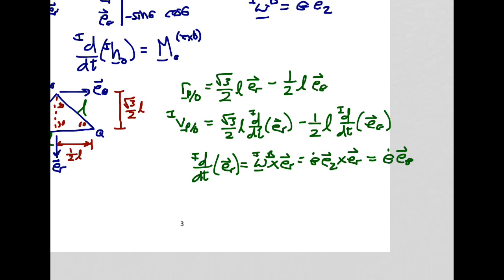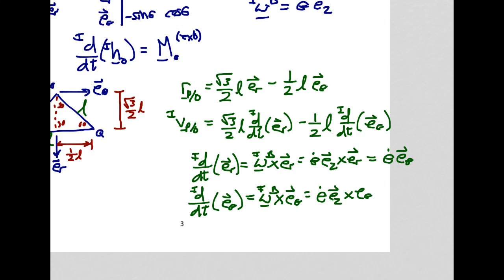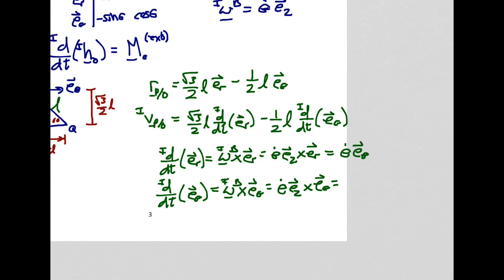And then the time derivative of E_theta is equal to omega of B observed in I crossed with E_theta. So that's equal to theta dot E_z crossed with E_theta. And so it's theta dot, and E_z crossed with E_theta is minus E_r.